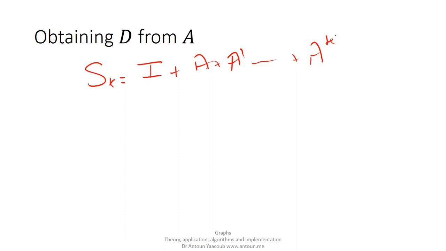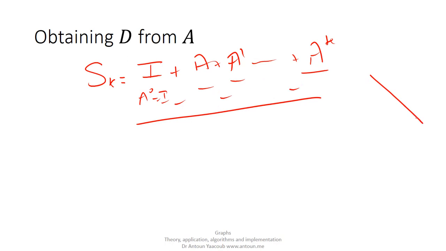As you can notice, whenever we are doing that, in some of these powers of A the diagonal or the values in the ij entry could be different than 0. However, this A to the 0 here is equal to I. So we are sure that at the diagonal we have 1. Whenever we are doing the summation of all these, we are sure that at the diagonal there is no 0 because of the first term.